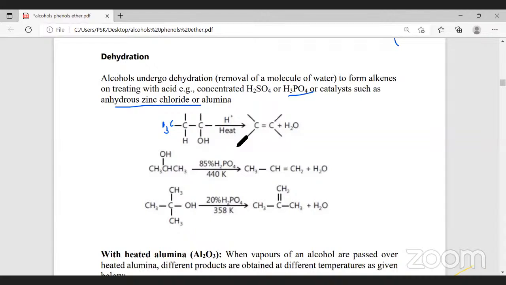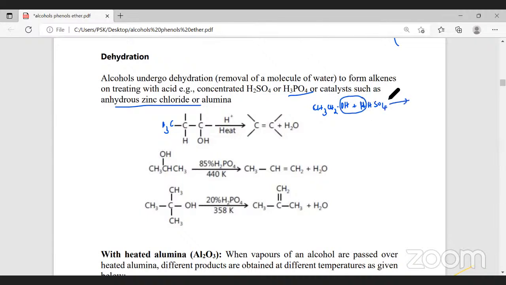CH3CH2OH. This ethanol, when you treat with concentrated sulfuric acid, H2SO4, which I have written like this, HHSO4, for our convenience, this OH and this H get eliminated as water.